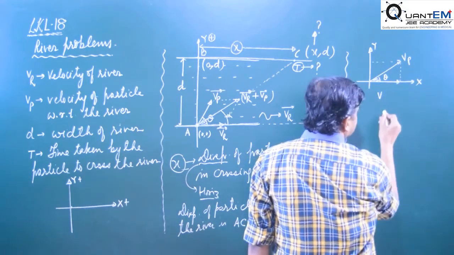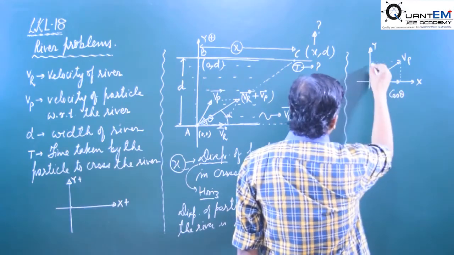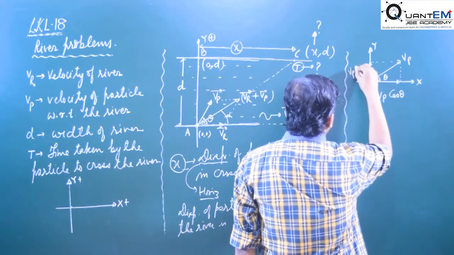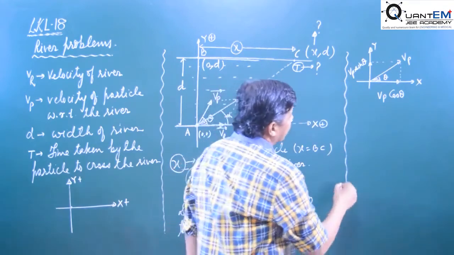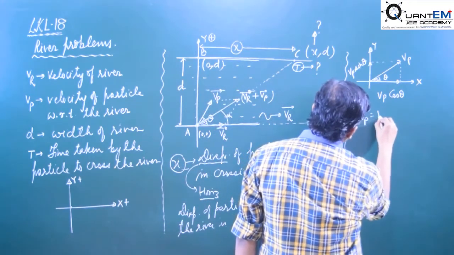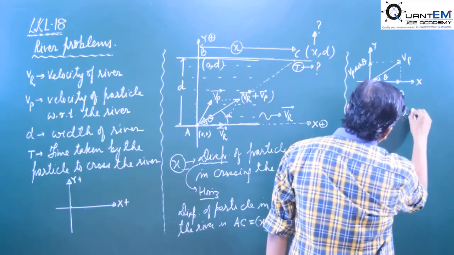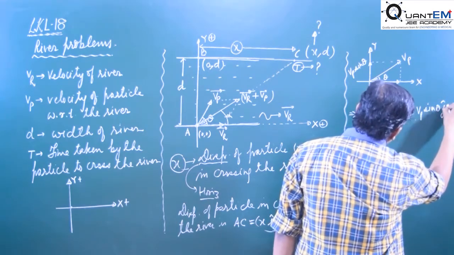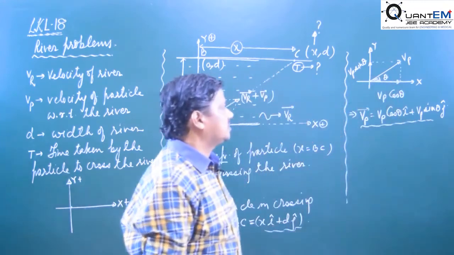So this Vx is Vp cos theta, and the other component is in terms of sine, that is Vp sine theta. Then the vector value of the velocity of particle is Vp cos theta i cap plus Vp sine theta j cap.